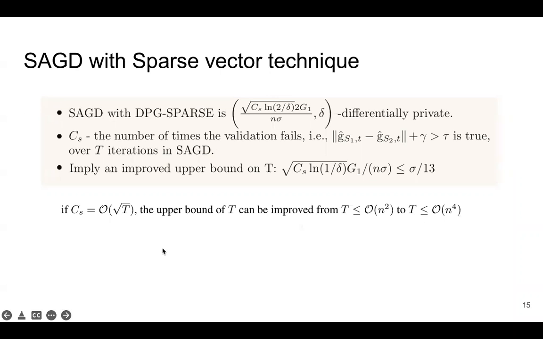And by the way, this method achieves the same convergence and generalization rate as the first one. The only difference is the upper bound for the total number of iterations.